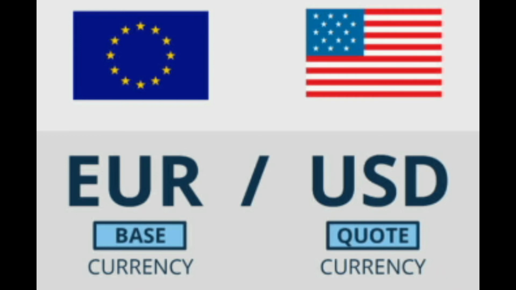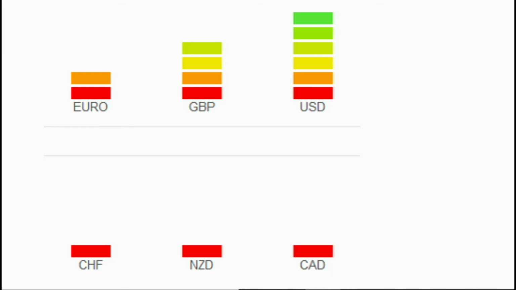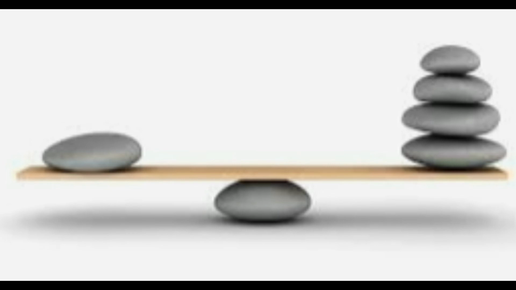Okay, so back to my example of Euro USD. On the currency strength meter, as you see, the USD is stronger than the euro, which means the right side of the currency pair, which is the quote, is heavier or stronger, and the euro is lighter or weaker, so it's going to drop.